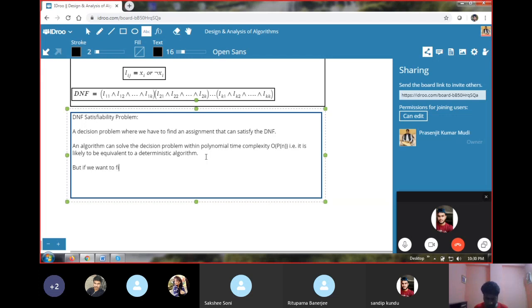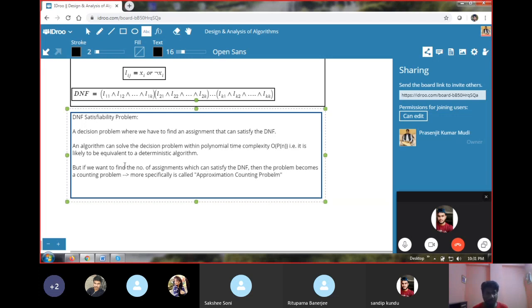But if we want to find the number of assignments that can satisfy the DNF, then the problem becomes a counting problem, more specifically called an approximation counting problem.